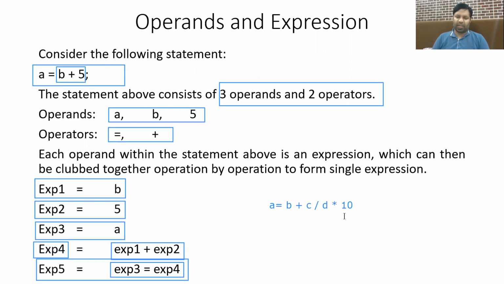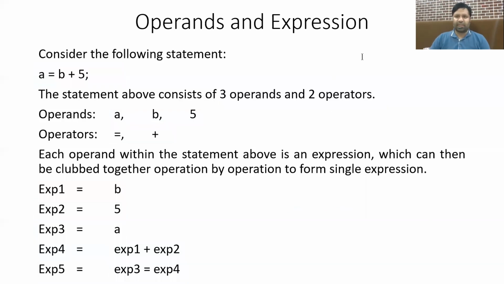For example, multiplication between D and 10, and whatever is the result, then we will divide it by C, then the sub expression will be added to B, then the same will be assigned to A. I hope you are able to understand the concept of what is an operand and what are the different expressions within a single statement.